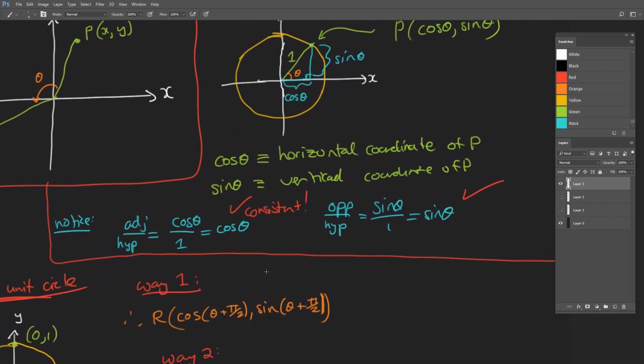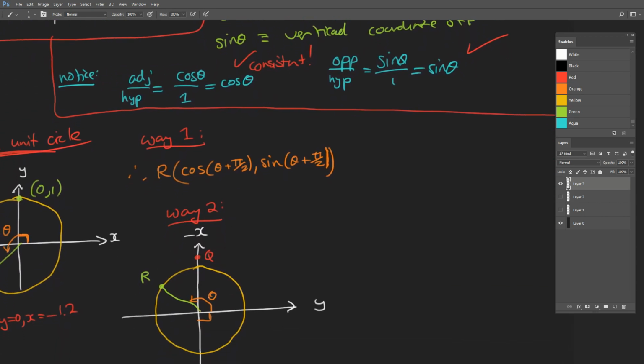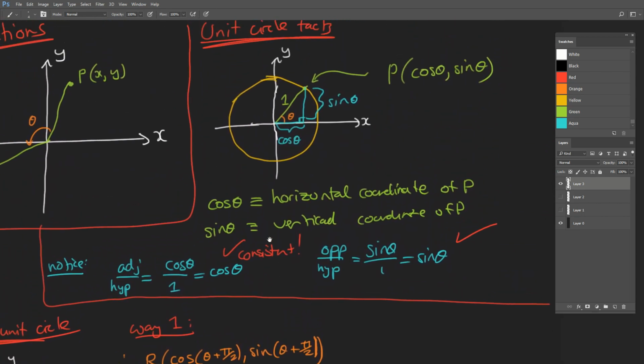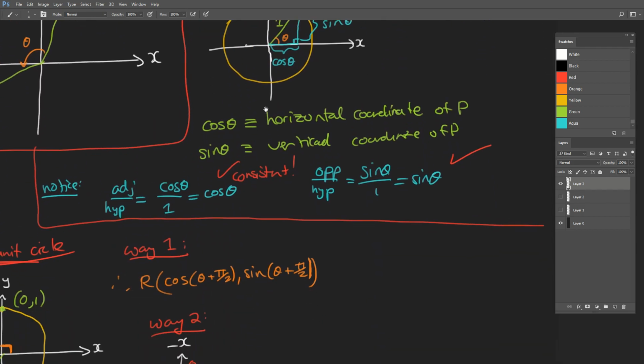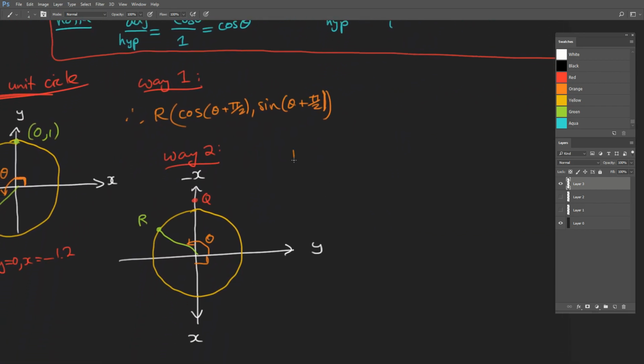So let's recall this. Remember, cosine theta is the horizontal component and sine theta is the vertical component. But hang on, this looks quite similar to what we have up here. The horizontal component is going to be cos theta. But look, our horizontal axis in this case is represented by y. So we have y equals cos theta.